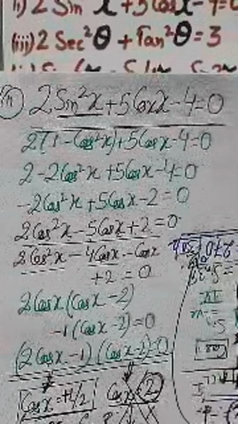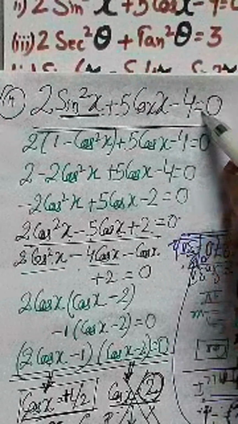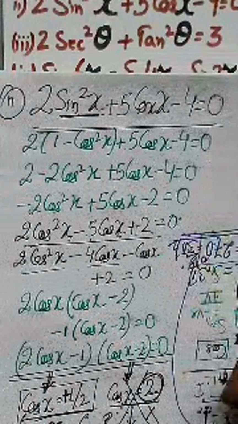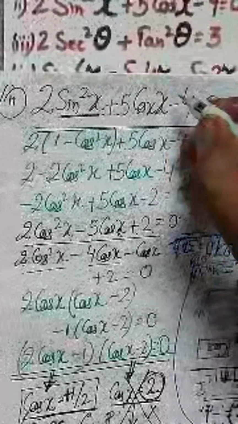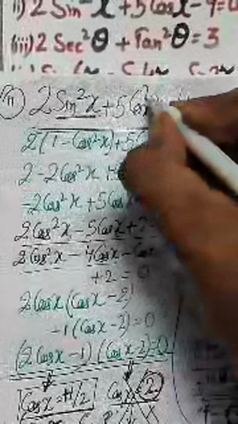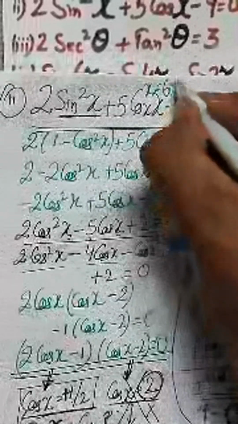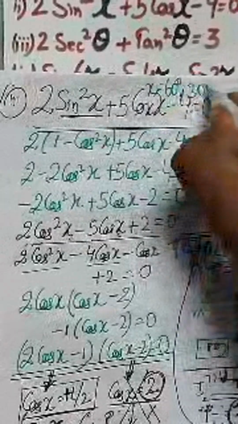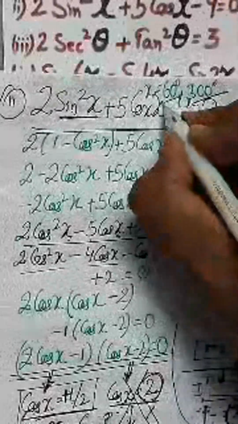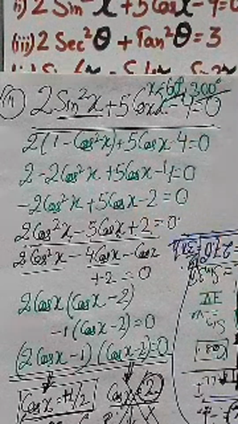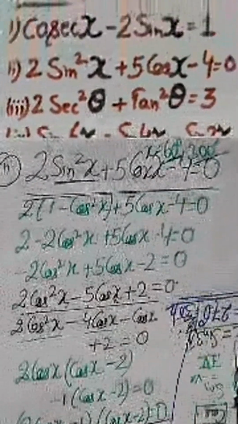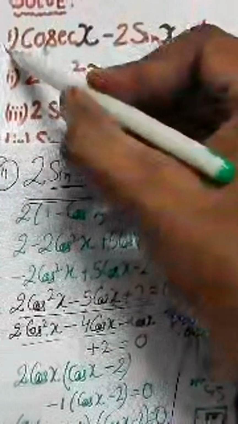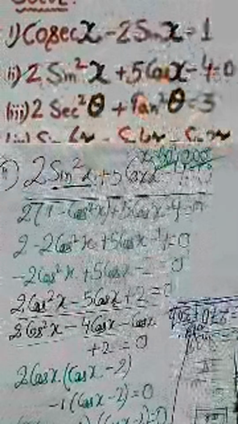Here this question is solved, and the value of x is calculated as 60 degree. This is one of the solutions, and another is 300 degree, right? In this way we have solved the first question and second question.